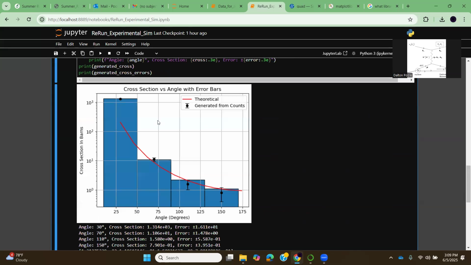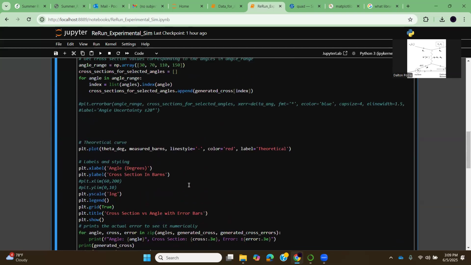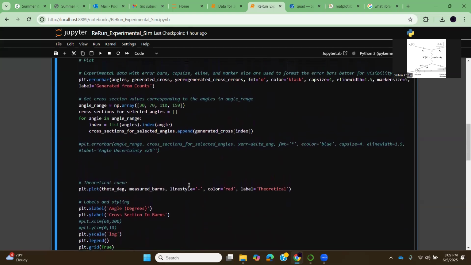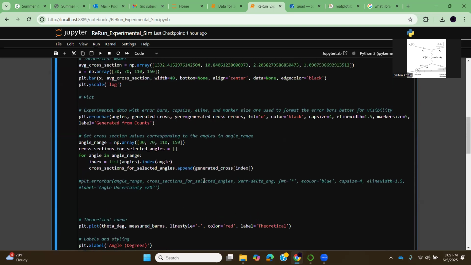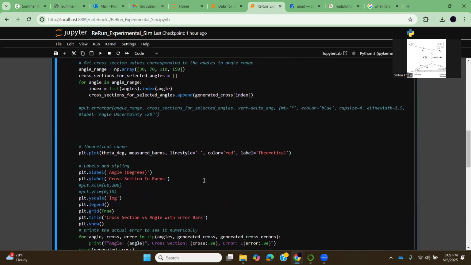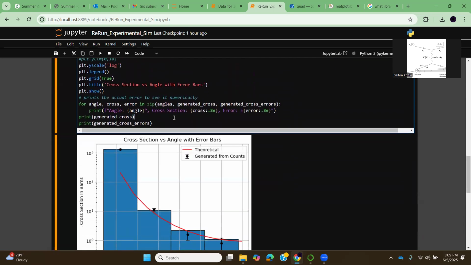Okay, sweet. That actually ran, but I don't want that curve. Where is that curve? Oh, that curve's coming from this guy, which I actually don't need. I just need that so I can do it better.